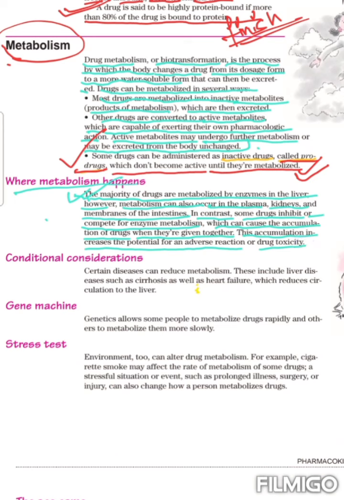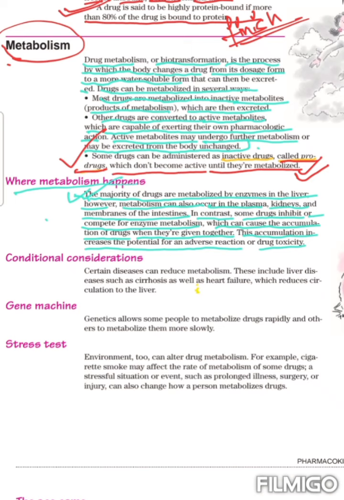Okay, so what is happening here? The majority of drugs are metabolized by enzymes in the liver. We all know about it. However, metabolism can also occur in the plasma, kidney and membrane of intestines. So, first point, most of the metabolism occurs in the liver.